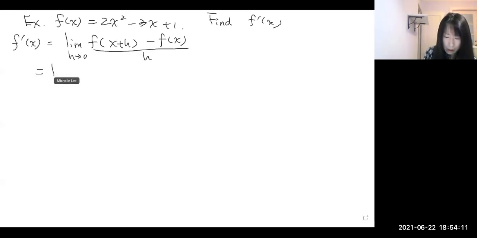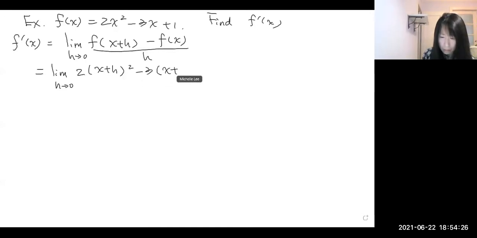Okay, so we substitute x plus h into the function, right? Then f of x, we just copy down.